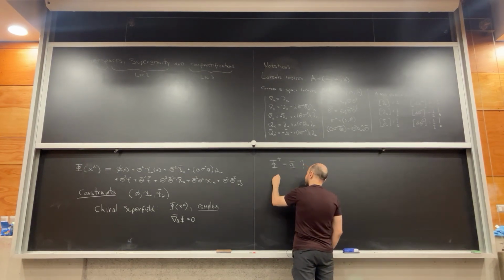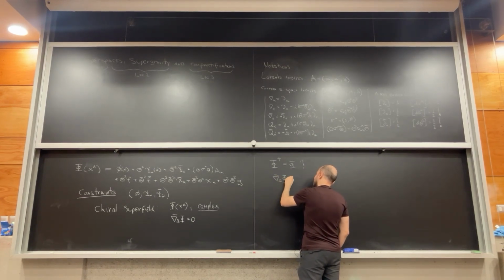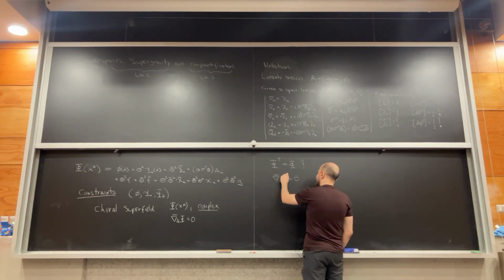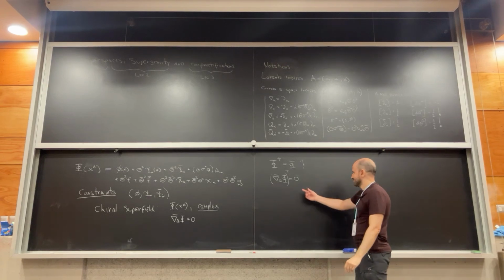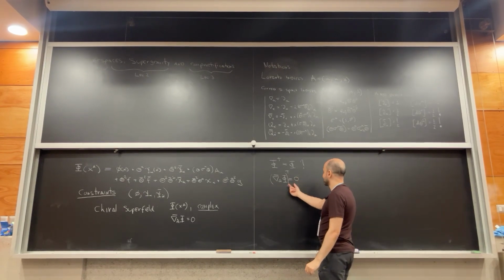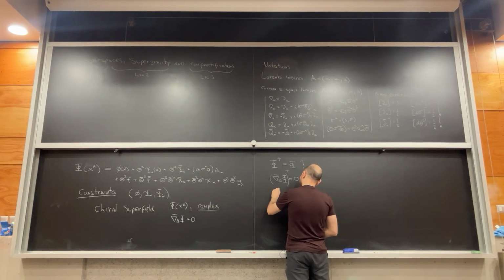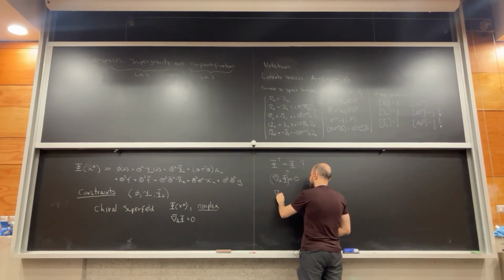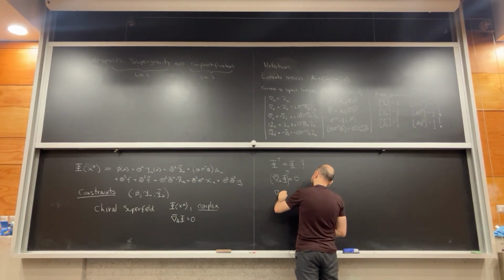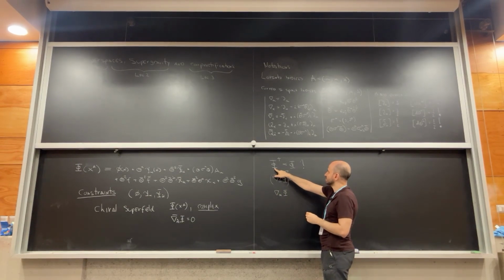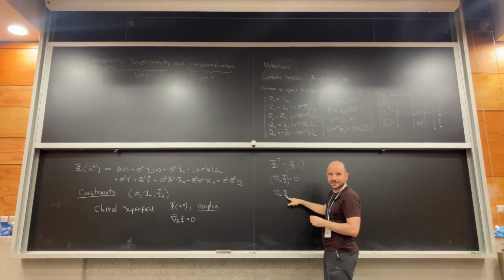So what happens if this is true? I take this constraint, equal to 0. So I take the hermitian conjugate on both sides. Well, the hermitian conjugate of 0 is 0, but the hermitian conjugate of this should be nabla alpha on phi, because I'm saying that the hermitian conjugate of phi is equal to phi again.